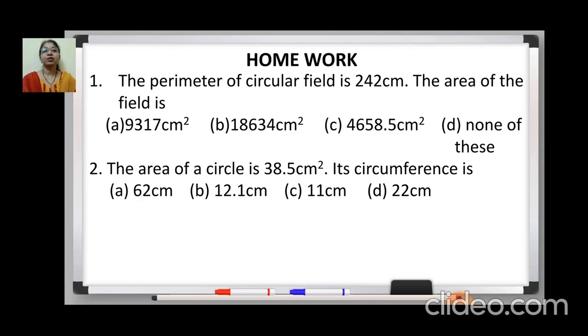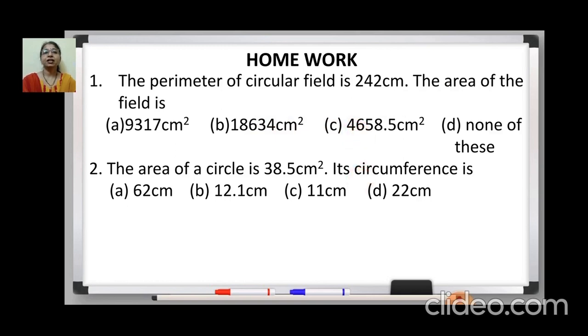So you have given circumference of this field, which is 242 centimeter. So you apply formula circumference of a circle is equal to 2 pi r. Equate with 242. Get the value of r and then you apply area of the circle, that is pi r square. Substitute that r and get the correct answer.